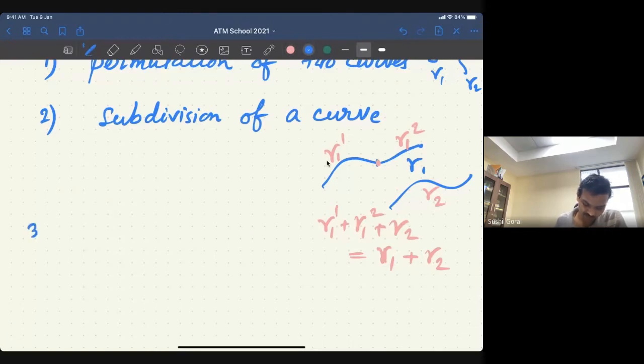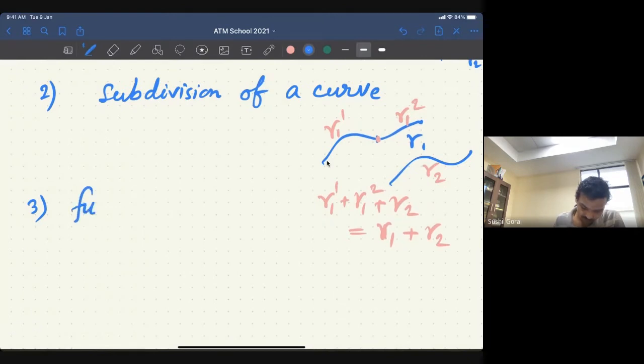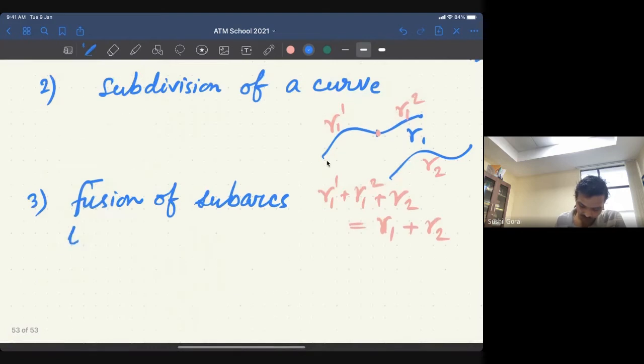Third, fusion of subarcs to a single arc.